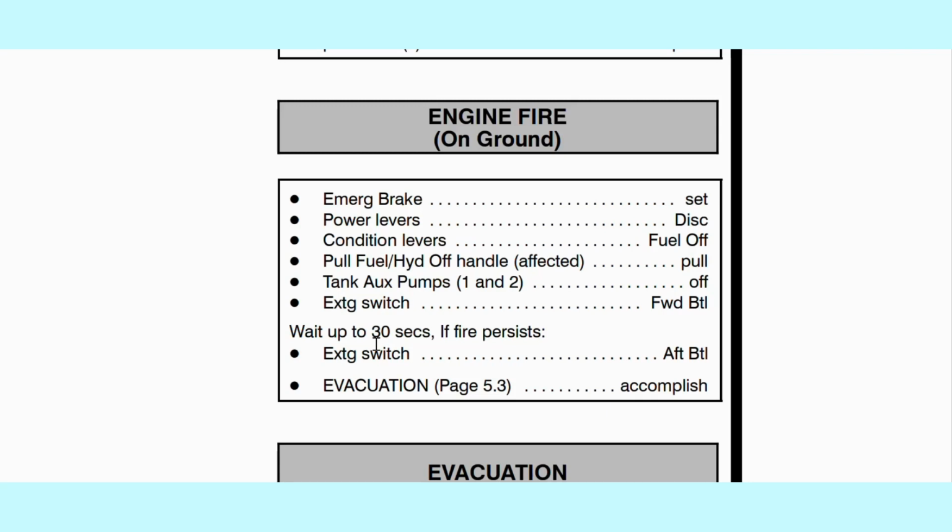If you deploy the other bottle when it was unnecessary to do so, you will not have any fire suppressant or extinguishing facility, and that puts you in a dangerous situation. So before you press the aft bottle, check with your eyes that the red lights are indeed out, then you deploy the aft bottle. Very important you remember these things. Make notes of it if you think that you will not remember.